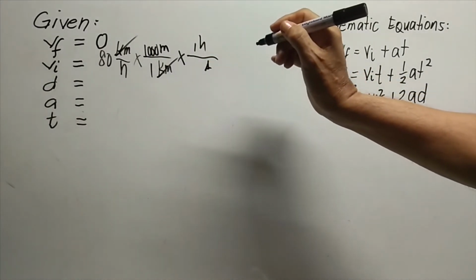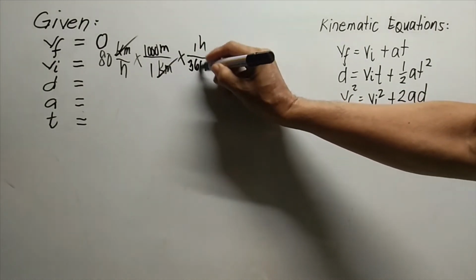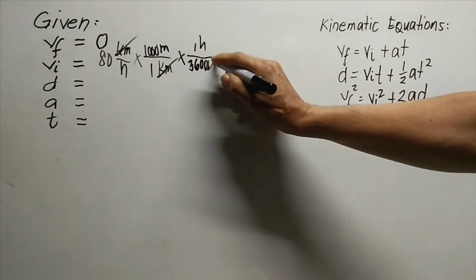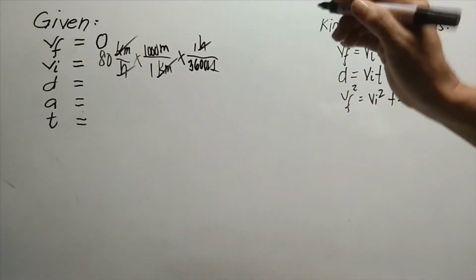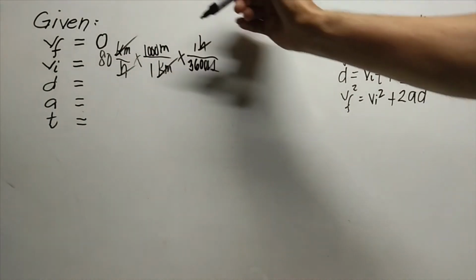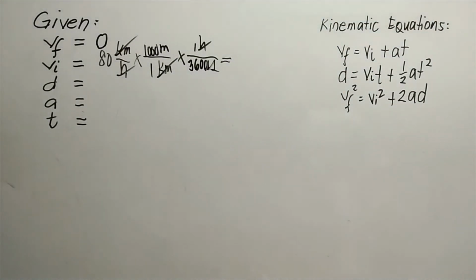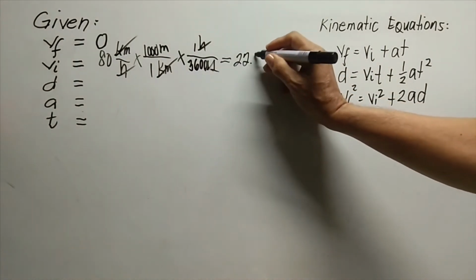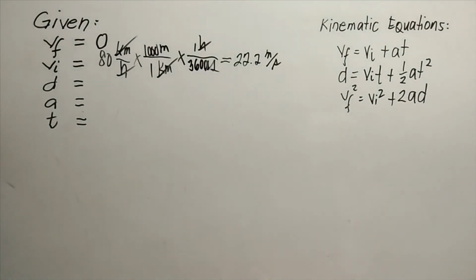Wherein the relationship is that in 1 hour it has 3,600 seconds. Cancel the hour. So the remaining unit is meter per second. So our initial velocity therefore will be equal to 22.2 meter per second.